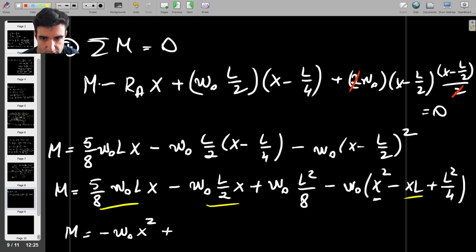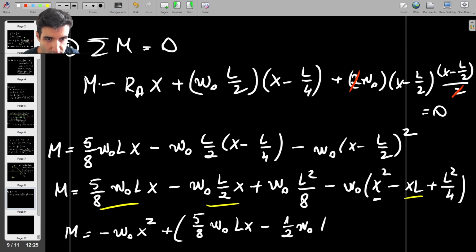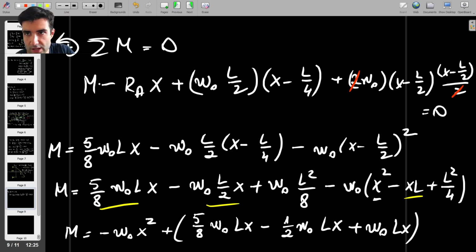So I'm going to put some brackets. So plus 5 over 8 W naught LX minus 1 half W naught LX, and then plus W naught LX. And finally, we have the L squared term, which is here and here.